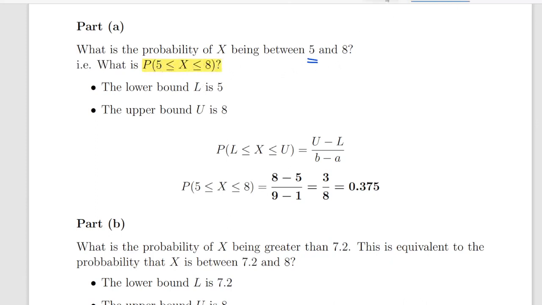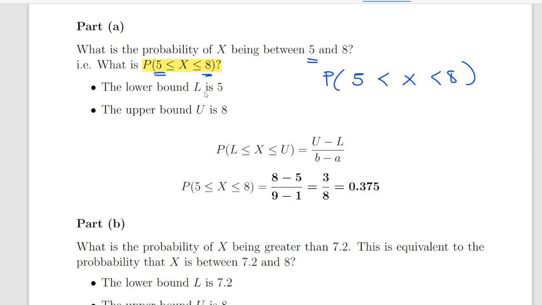Just as a quick remark, the uniform distribution is a continuous distribution, so that expression there is more or less mathematically equivalent to this. Okay. The less than or equal to is more or less the same as the less than sign when you're dealing with continuous distributions. The difference is so trivial that it's not worth talking about.